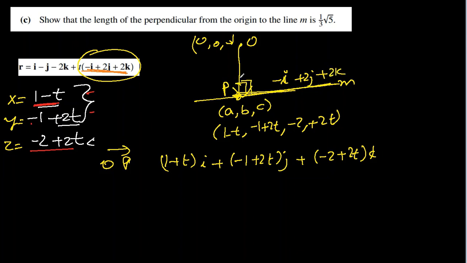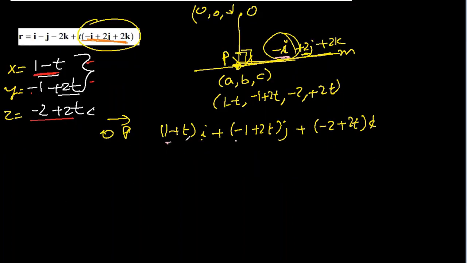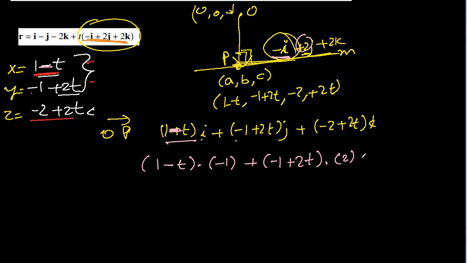Since they are perpendicular, again their dot product will be 0. And that's what I'm going to do now. So the dot product of, actually it is 1 minus t, this is minus, right? 1 minus t dot, this is minus 1, so minus 1, plus minus 1 plus 2t dot 2 here, plus minus 2 plus 2t dot 2 here, equal to 0.